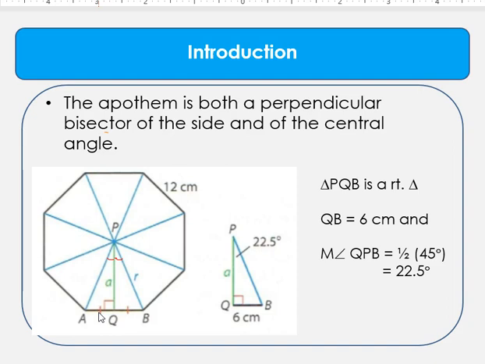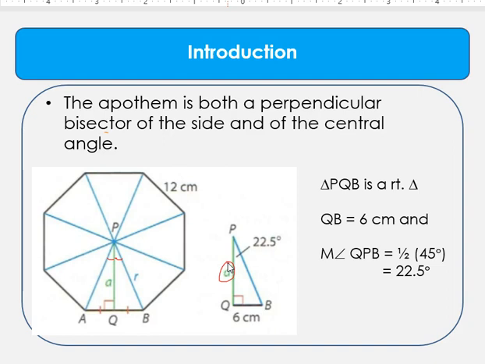So PAB is now divided into two congruent right triangles, and the one we're going to redraw will be PQB. So you need to redraw PQB. You'll have the apothem written on the side there, and the side length will be half of the total length.